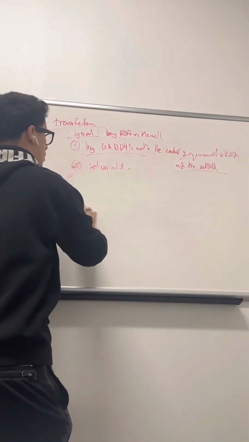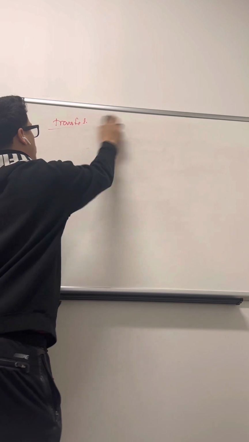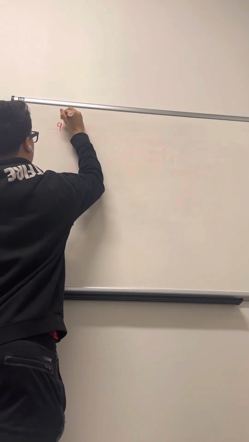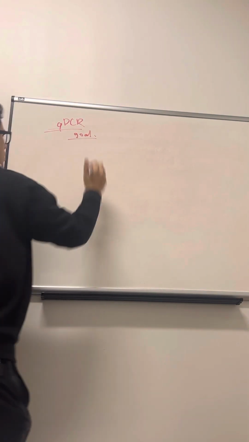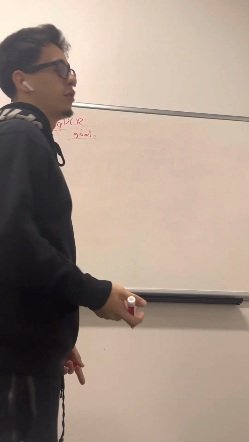We're going to talk about the third experiment, which will be the qPCR, which is the quantification of the PCR. The goal of the qPCR is to reverse transcribe RNA to reproduce DNA out of RNA.